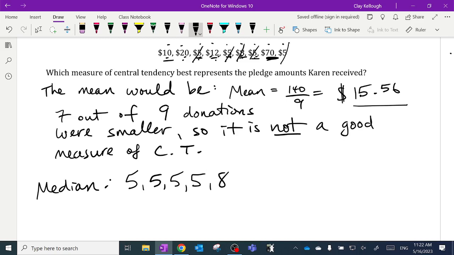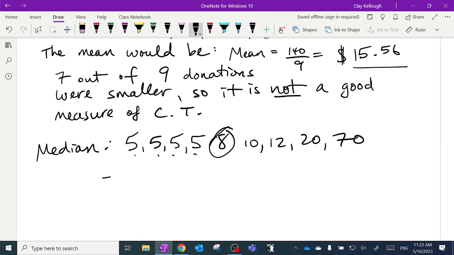Then we have an 8. So then we have a 10. Then we have a 12. Then we have a 20. Then we have a 70. So the median would be the 5th number. 1, 2, 3, 4, 8. So the median is $8.